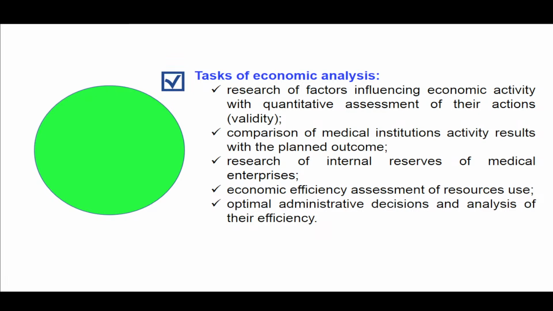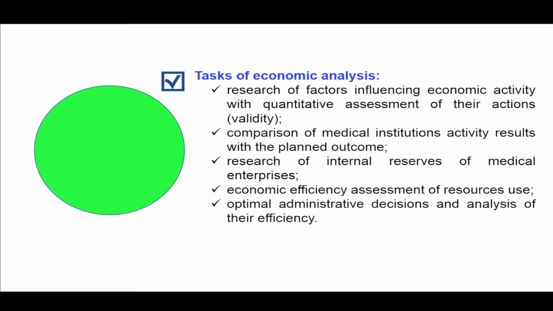Next, you have a comparison of medical institutions. We can compare institution number 1, institution number 2, institution number 3, and so on. Research of internal reserves of medical institutions. Next is economic efficiency assessment.